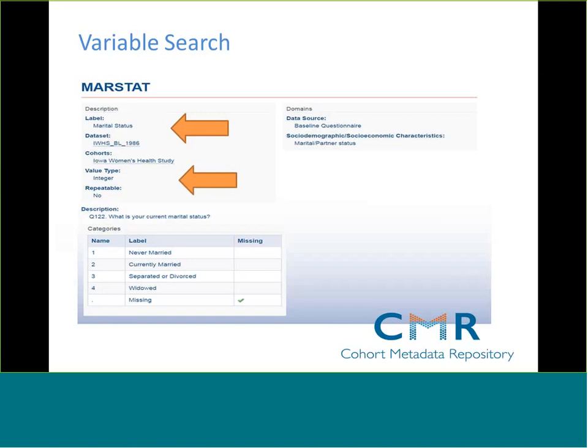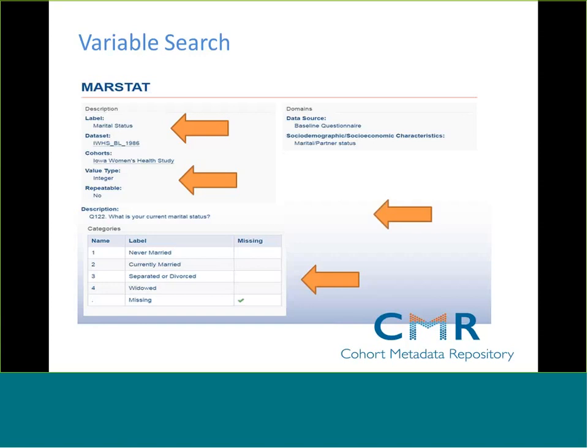There is also the value type and whether it's repeatable, and the description. And then you will also see the categories. Now you'll see here the description is actually the question text and the categories are the responses. And this, for the most part, is true throughout, except the description occasionally will be an algorithm code or specific information on how the variable was derived if it's a derived variable.